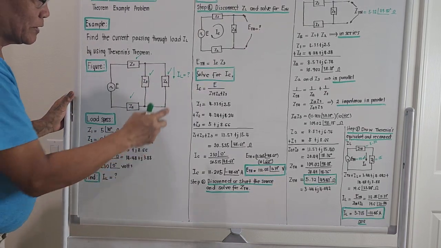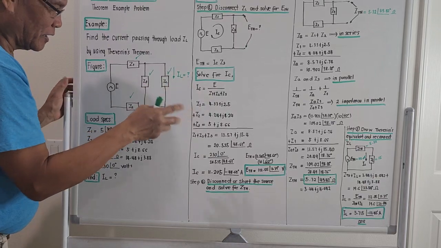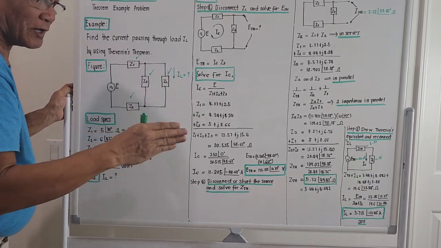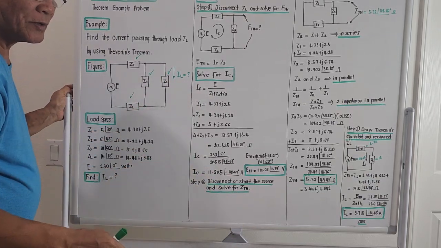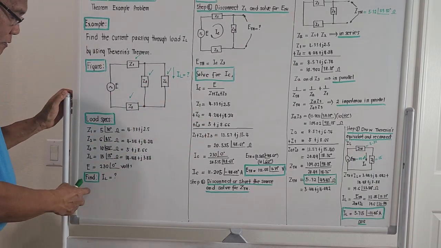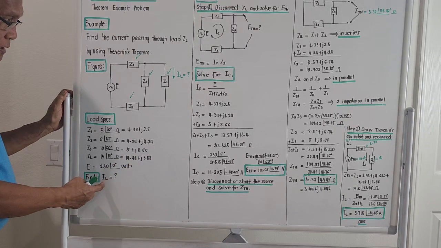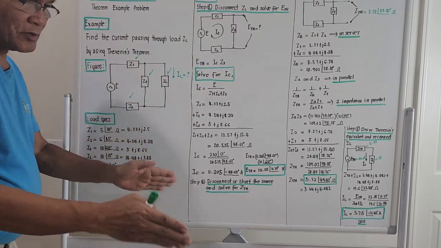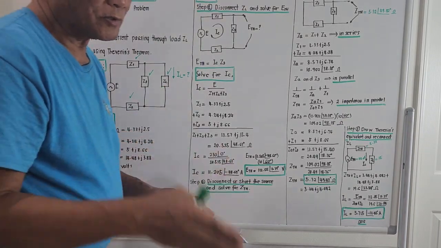So if we try to bring out the current passing through ZL by using an advanced solution, Thevenin's theorem, we'll do it like this. Find IL. The requirement is the current passing through ZL. Let's try to bring out the advanced solution by using Thevenin's theorem.